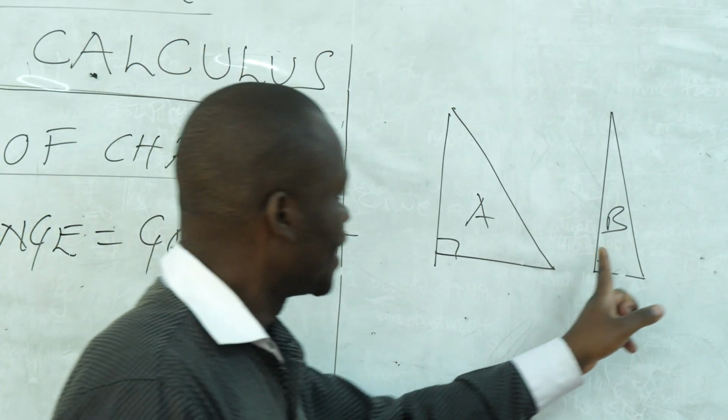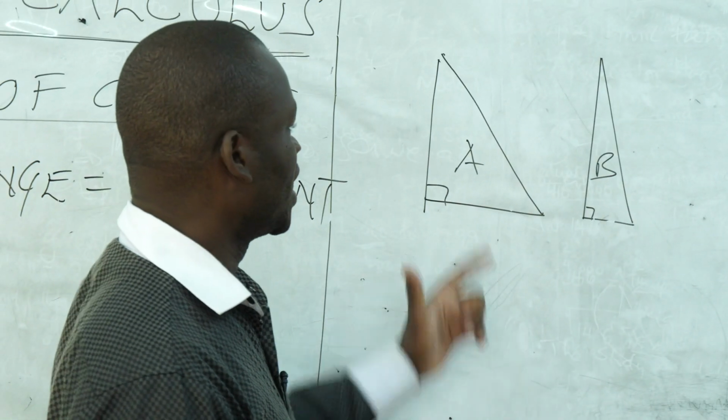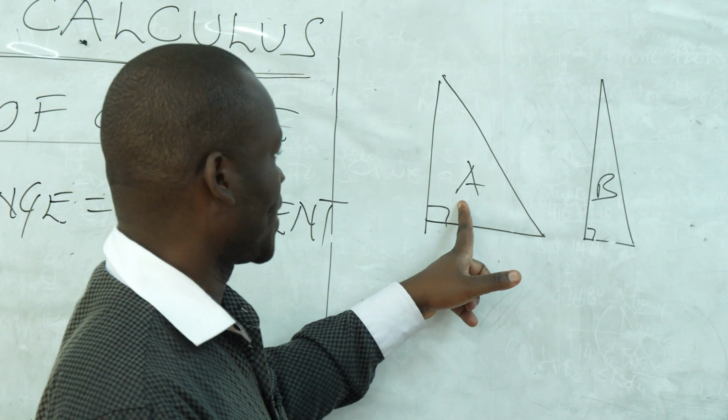Meaning, if you find the gradient of slope B, it must have a higher value than the gradient of slope A.